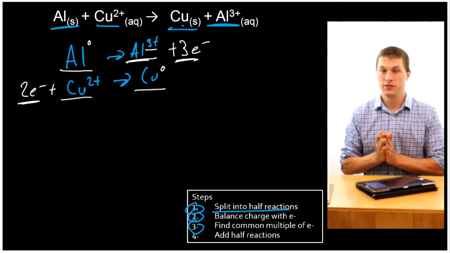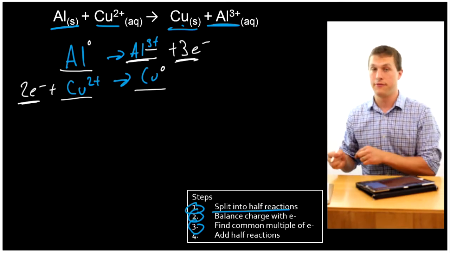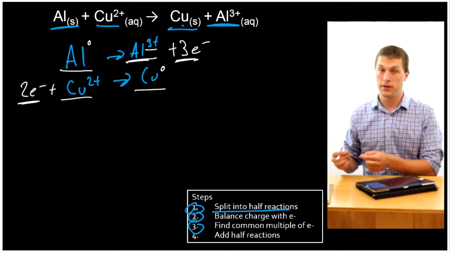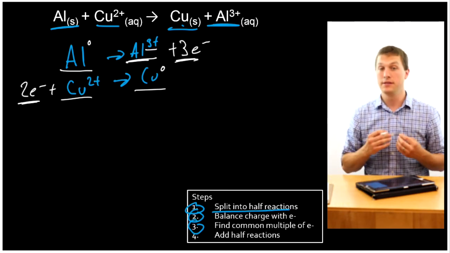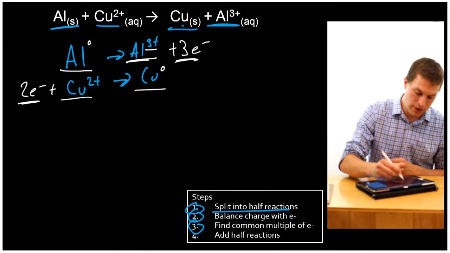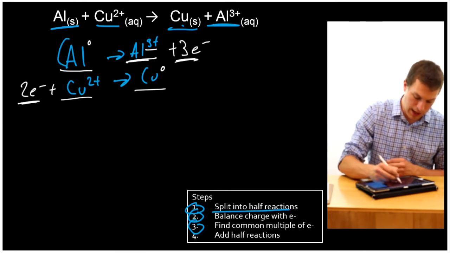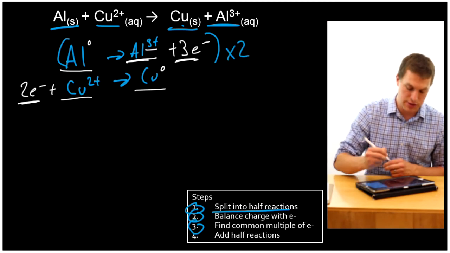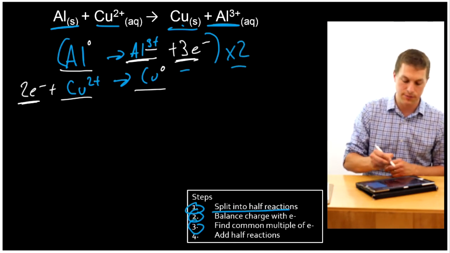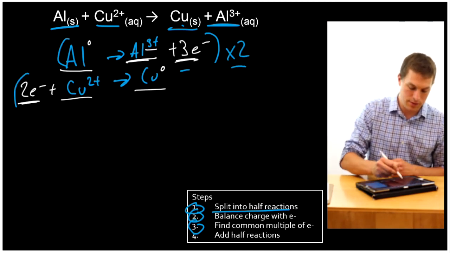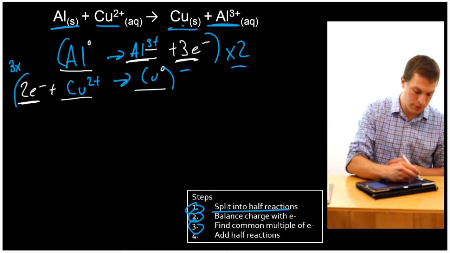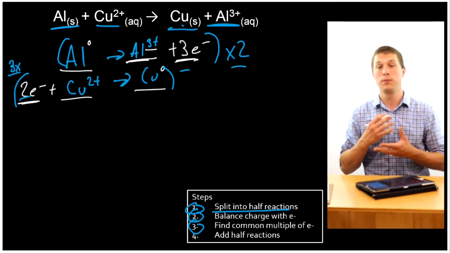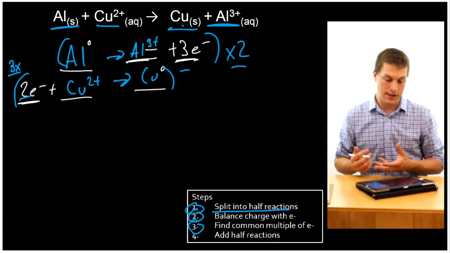And what that means is we have to figure out how many aluminums have to react to give up enough electrons that copper gains the correct amount of electrons. And very often what it turns out to be is that you multiply the top reaction by the bottom number of electrons. So this one times 2, 3 times 2 is going to give me 6. And this one times 3. 3 times 2 is also going to give me 6.